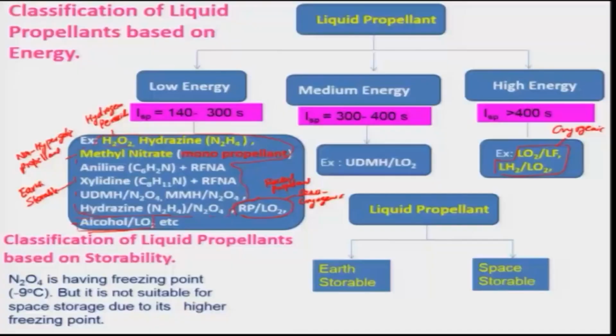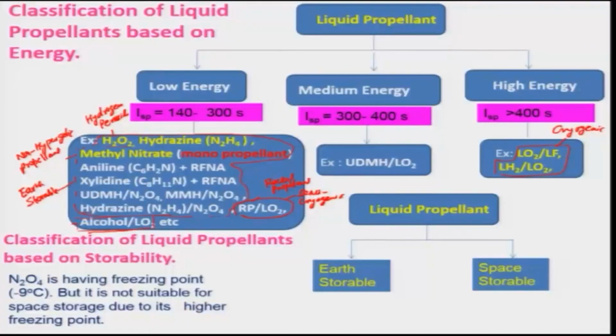Besides this, for missile applications, we cannot really fill the propellant tank with the liquid propellant immediately, because you have to store it such that it can be used at any instant during any emergency of external aggression.